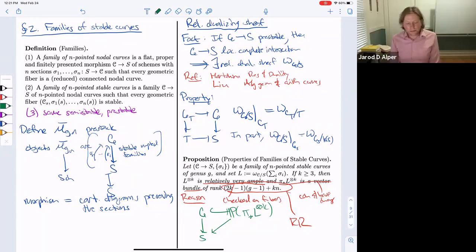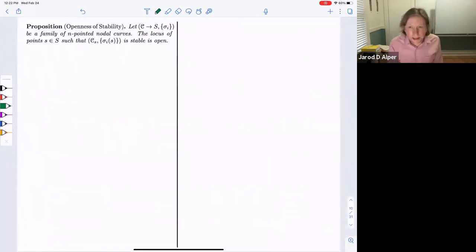The way we're going to do it is show that the entire stack of curves is algebraic, and then what we need to know is that the nodal locus is open. Actually, we know that the nodal locus is open. We need the refinement that the stable locus within the nodal locus is open, and that's what I want to get to next.